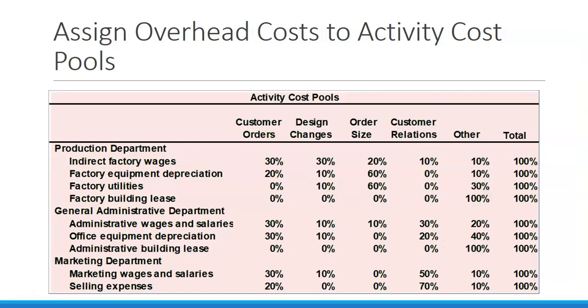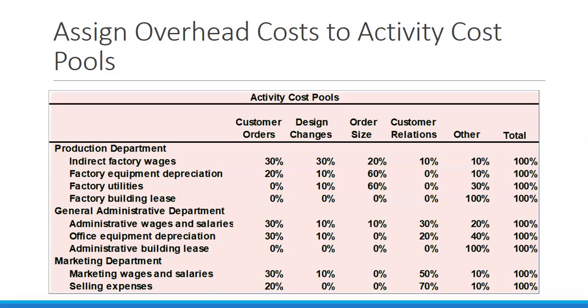So we've decided that we break up by percentage. So we've decided that of our total indirect factory wages, 30% can be attributed to customer orders and design changes, 20% to order size, and 10% to customer relations and others.